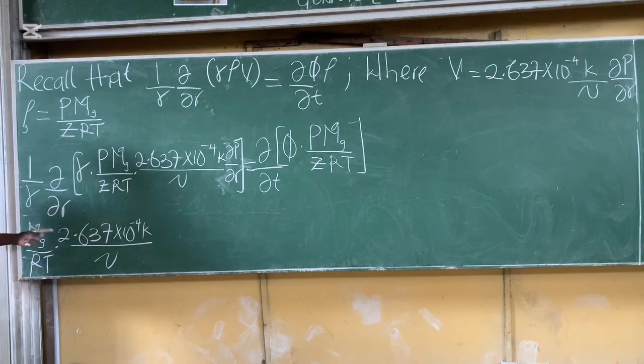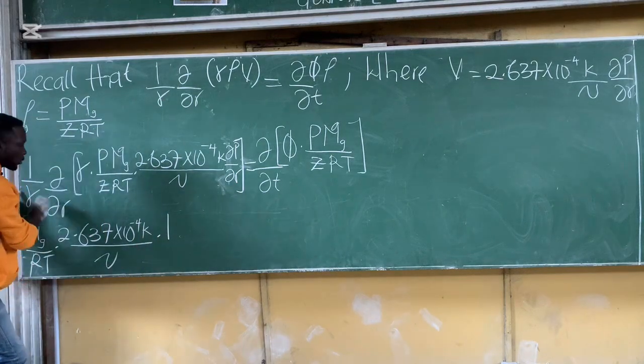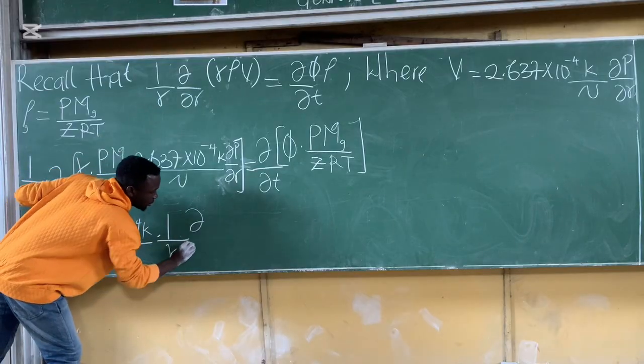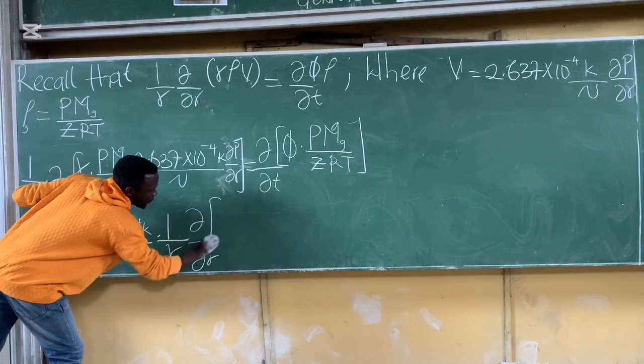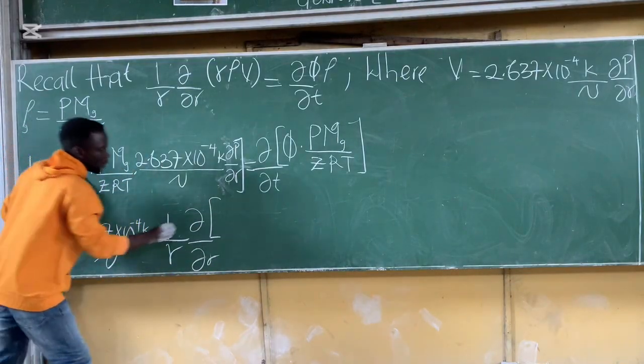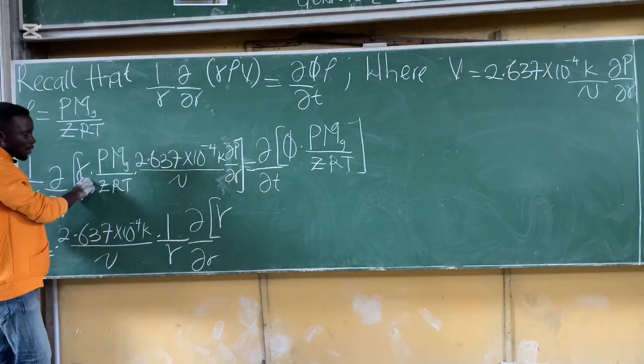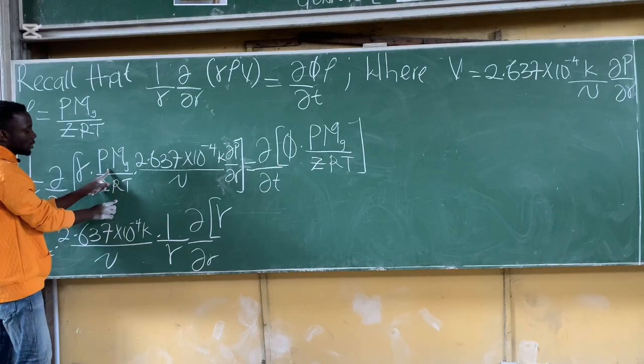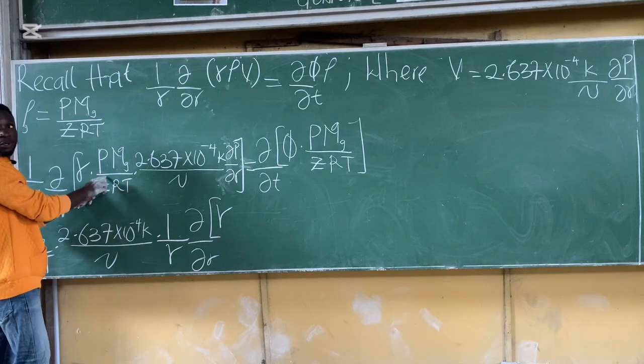Now that I brought them out, let's write our equation. This will be multiplying 1 over r, d/dr of r. Remember, we have already factored out Mg over R T, so here we are left with P over z.